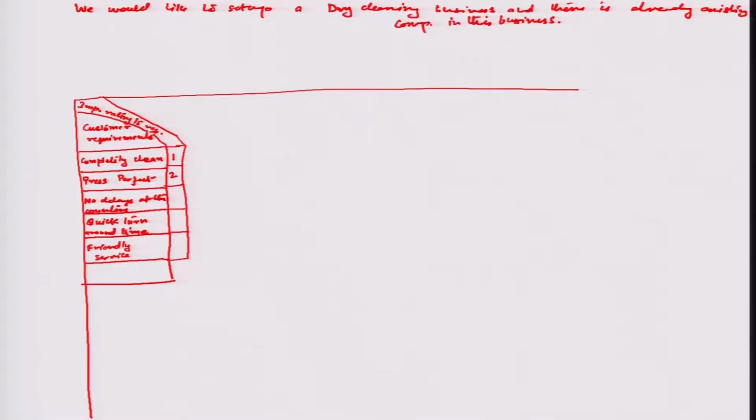Quick turnaround time would be again something which would be number 3. Similarly, friendly service could be number 4, and no delays at the counter could be number 5. Okay, so these are the order of importance ratings after talking to a variety of customers, which probably our line of business, which we want to establish the dry cleaning, has done.